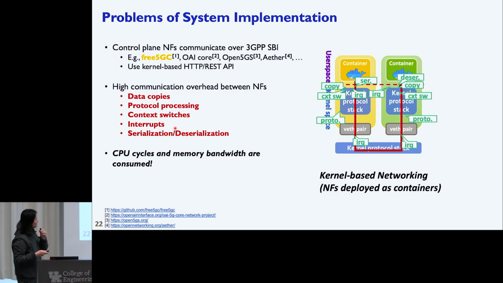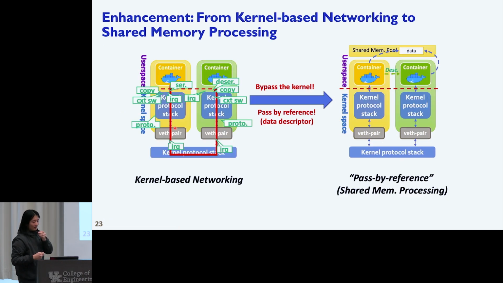What we can do to replace this kernel-based networking is to use a concept called shared memory processing. This figure shows the difference between the kernel-based networking and shared memory processing. The key idea of shared memory processing is that we put the data into a shared memory pool that is accessible by both the source and destination functions.